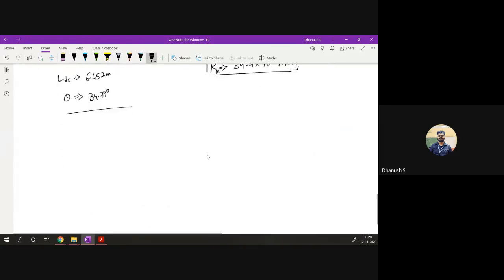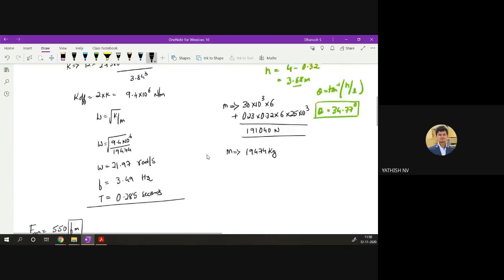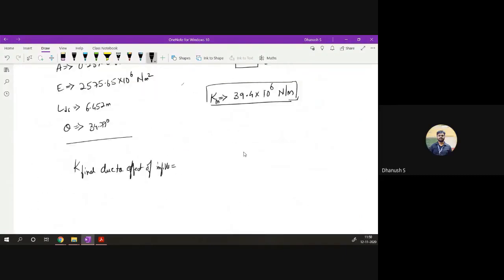So your K effective, or your K final, due to effect of infill is equal to 9.4 into 10 raised to 6 plus the K due to masonry. Correct? How much is this? 48.97.